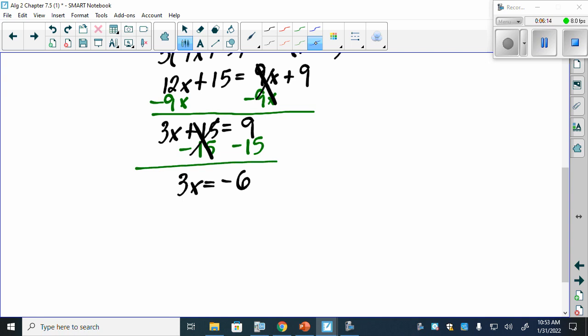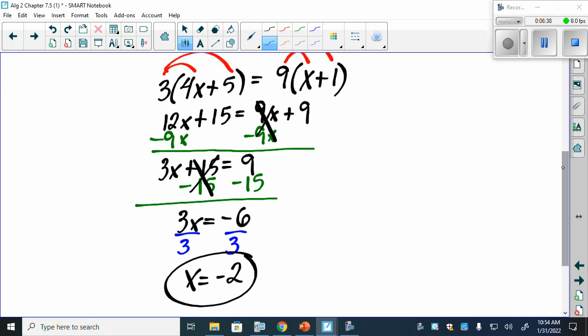And last but not least, we divide both sides by 3, which tells us x is equal to negative 2. Now, are there any questions on what we did to solve this here?